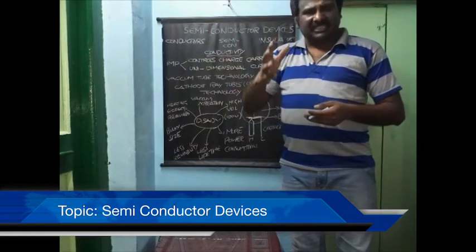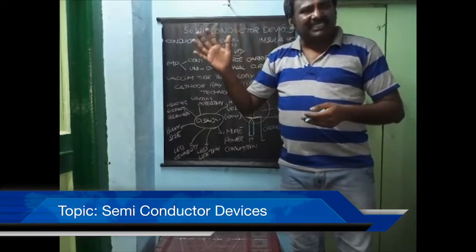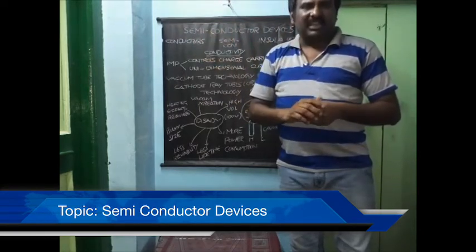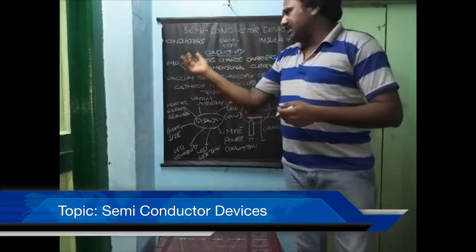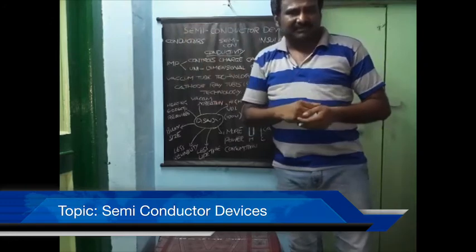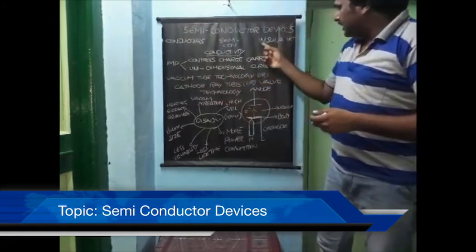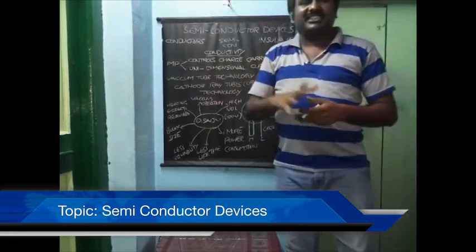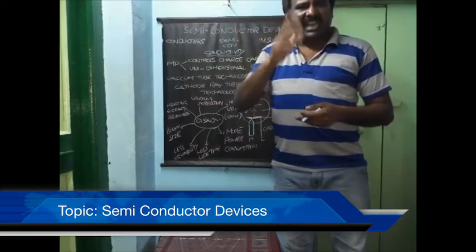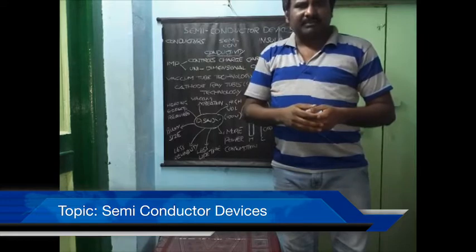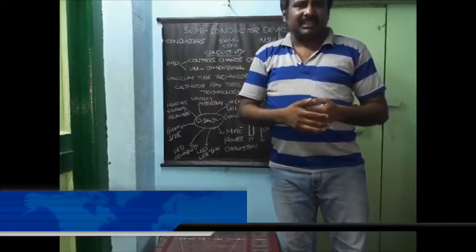Those are the substances in which maximum current flows, like copper. All metals are the best examples for conductors. Insulators are the substances in which no current flows, like glass, rubber, plastic, and diamond.